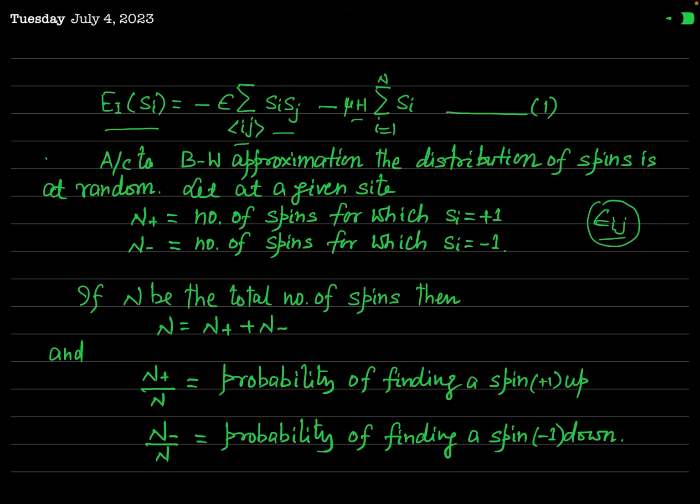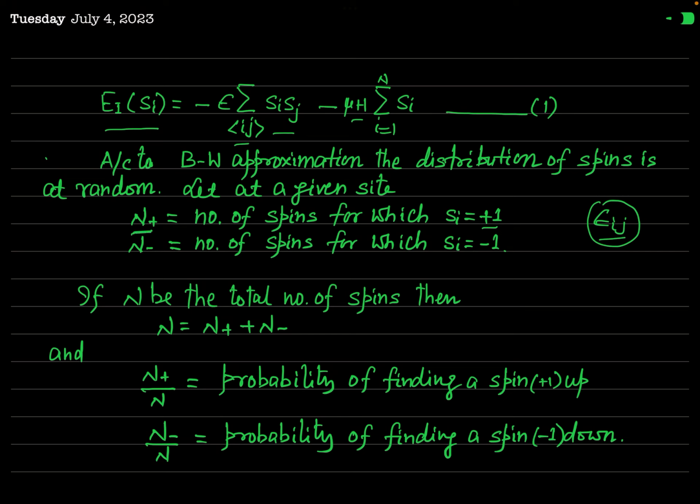Actually, Bragg and Williams assume that the distribution of spins is random. On a given site, n plus represents the number of spins for which Si is equal to plus 1, that is, the number of sites where there will be up spin.